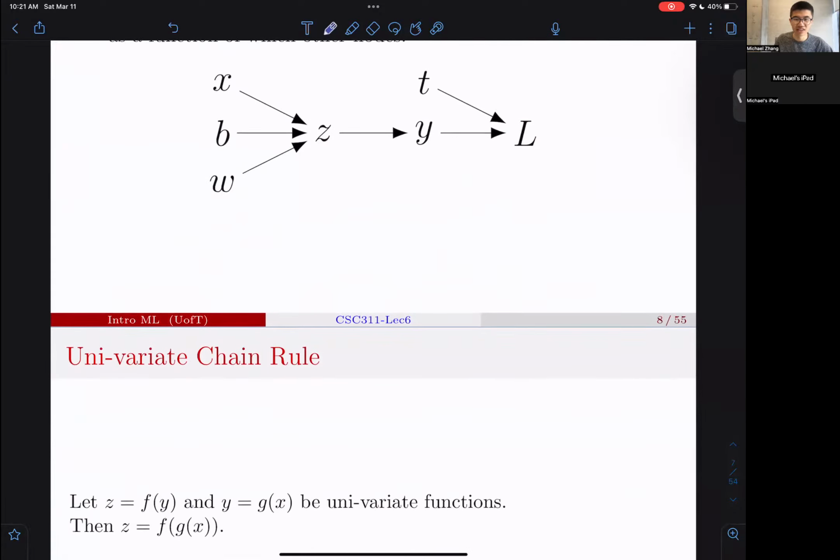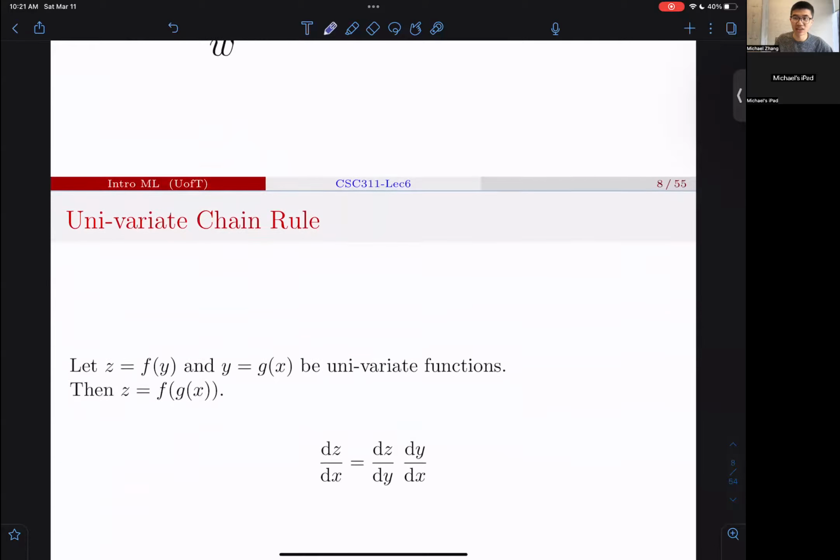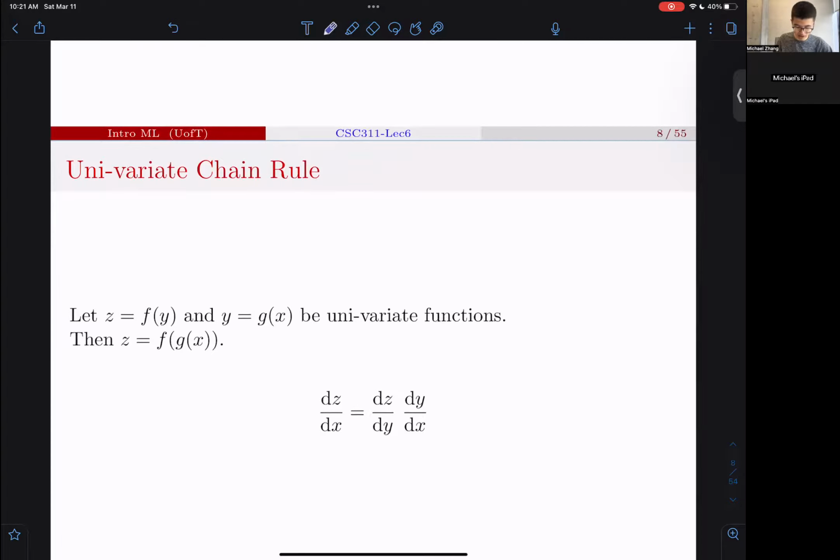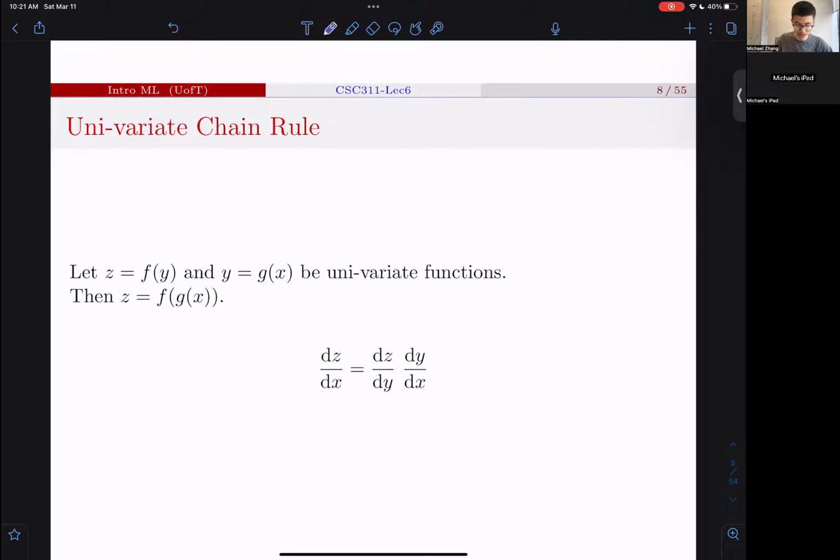Okay, so in general, the key tool we'll be using throughout this video is the idea of the chain rule, which says that if you have this set of functions, z equals f of y and y equals g of x, then if we want to compute the derivative of how z changes with respect to x, we have to figure out the effect of x on y and the effect of y on z, and then we multiply the two quantities together.